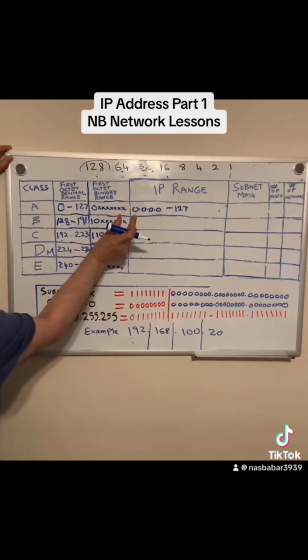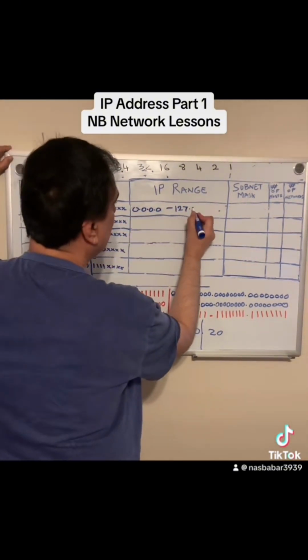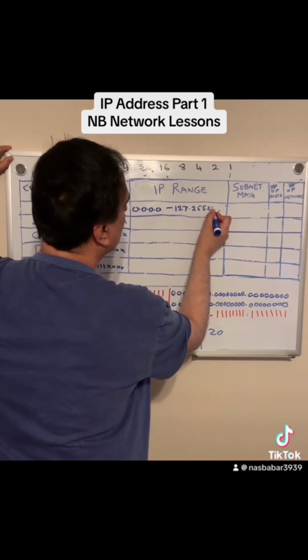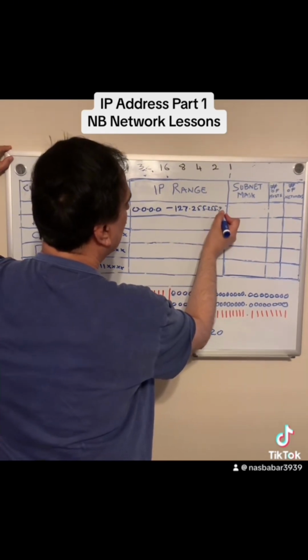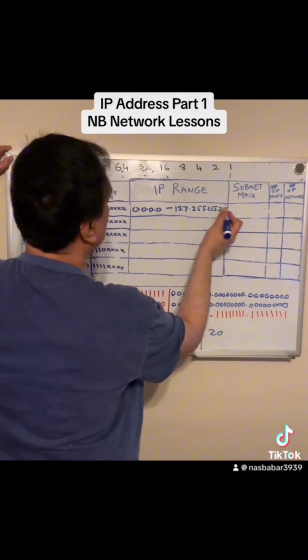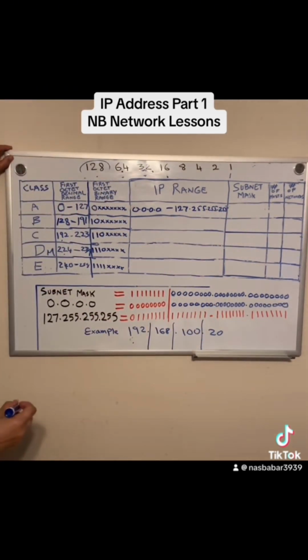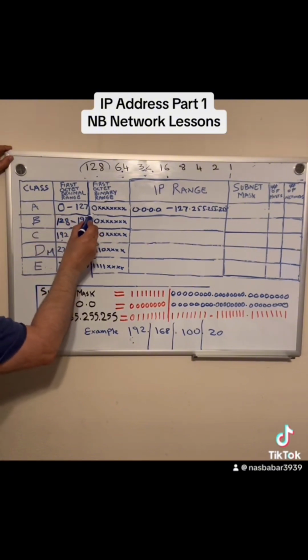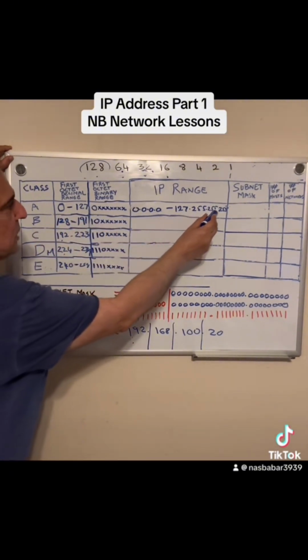This is the first IP in the range. This is going to be the last IP in the range, 255, 255, and 255. So first IP 0, the last IP is going to be 127 something something something.